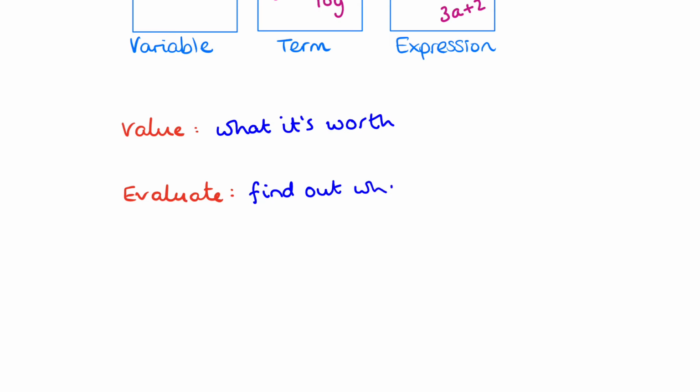You find out its value. So a value, that's a noun. And evaluate is something you do, so therefore that's a verb. So they're related to each other. So value is what something's worth, and evaluate is finding out what it's worth. Again, it'd be a good idea to write those down.